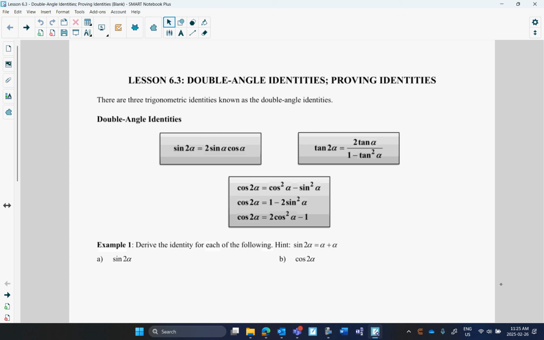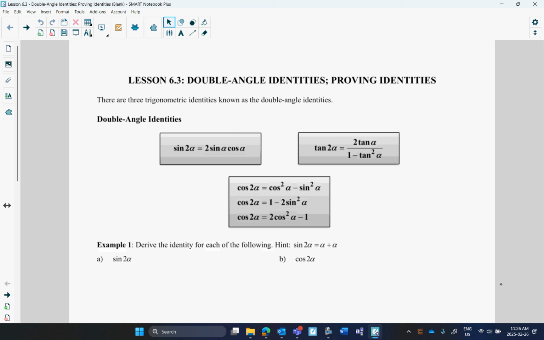So double angle identities means we're taking the sine, cos, or tan of twice an angle. That's what double angle means. We're doubling the angle. The sine of alpha is just opposite over hypotenuse.